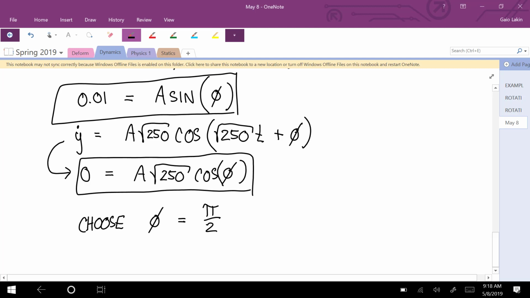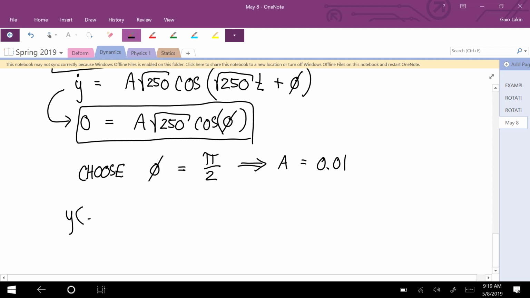The whole thing would go away. So choose phi equal to pi over 2. That satisfies this no matter what A is. And then, so now go to this one. Sine of pi over 2 is 1. So A is equal to 0.01. And so you get y as a function of time equal to 0.01 times sine of the quantity square root of 250t plus pi over 2.